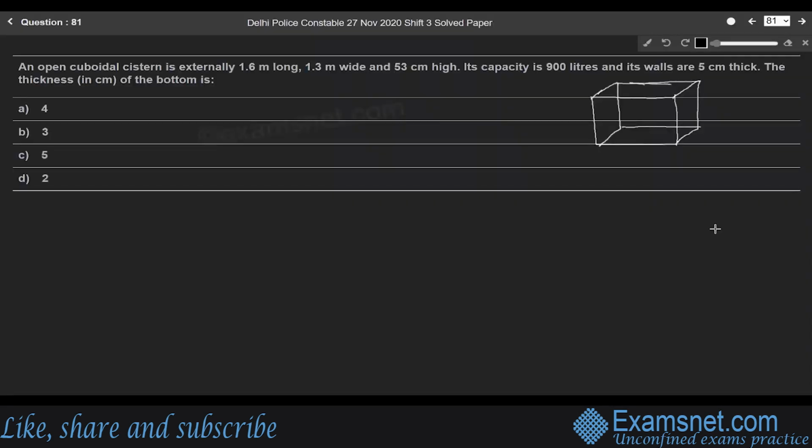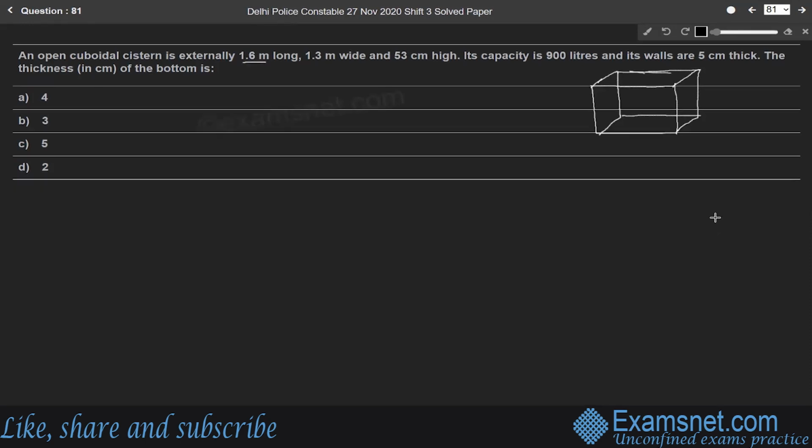Question 81. An open cuboidal cistern is externally 1.6 meter long, 1.3 meter wide, and 53 centimeter high. Its capacity is 900 liters and its walls are 5 centimeter thick. The thickness of the bottom is... So here is an open cuboidal cistern.